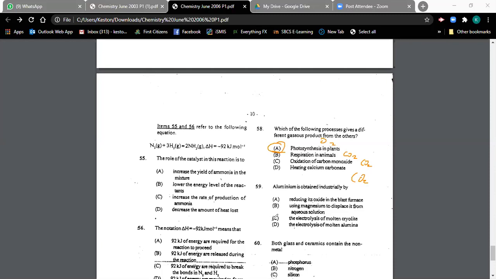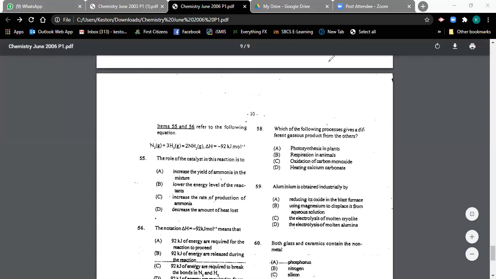The cryolite is where it's added to help lower the temperature. So it's not really the cryolite that I do electrolysis of, but you add this to lower the temperature at which it would melt. So it's a combination of the two. It's really bauxite, which is impure aluminum oxide. So they probably try to play with it here a little bit. Okay. 60.